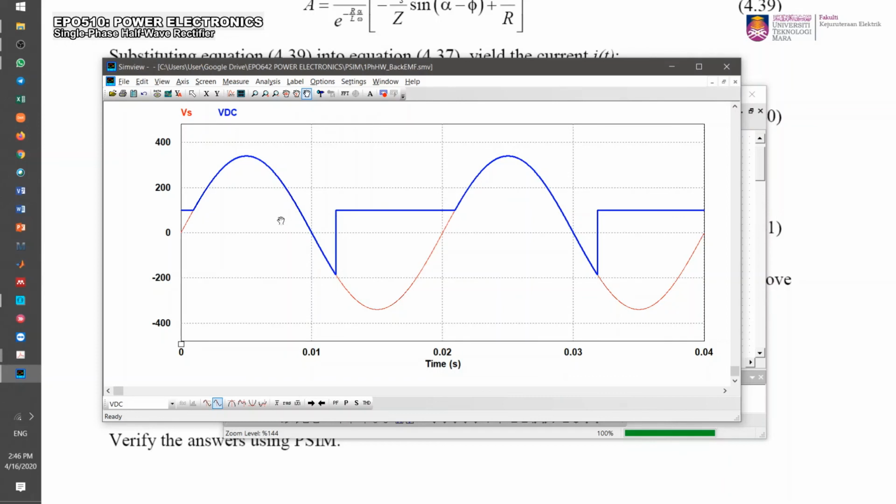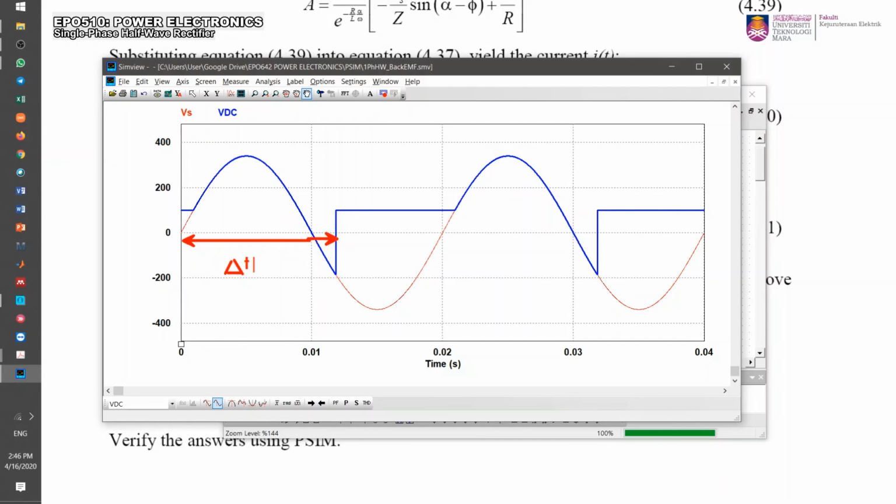You just measure the delta t, or the time difference between 0 and this beta here. So you will find delta t there.